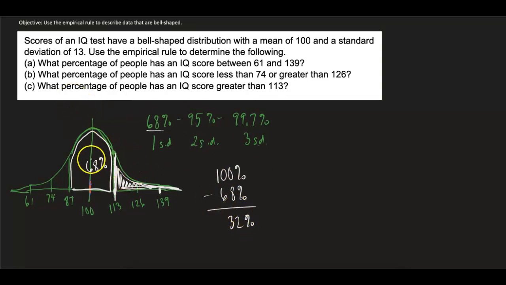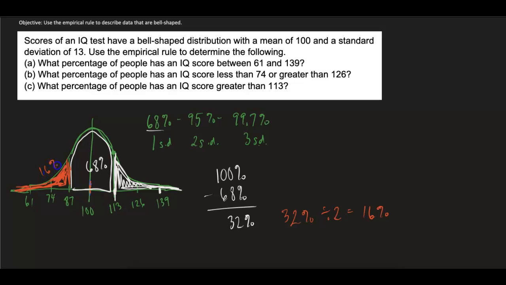But that 32% left is both the right and the left side. So this piece here in red, which I don't want. But because of the symmetry, I see that these spaces are equal. I could take that 32% and divide it by 2 to get what is in each part, both left and right.